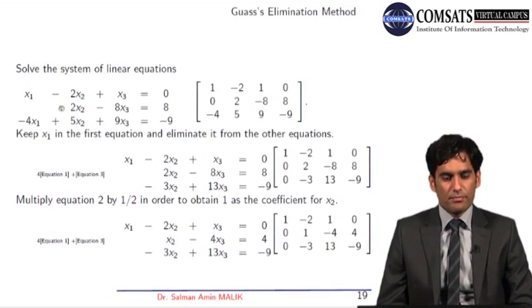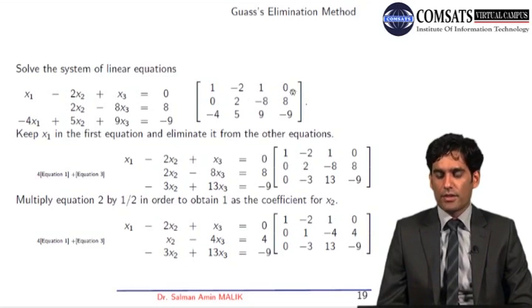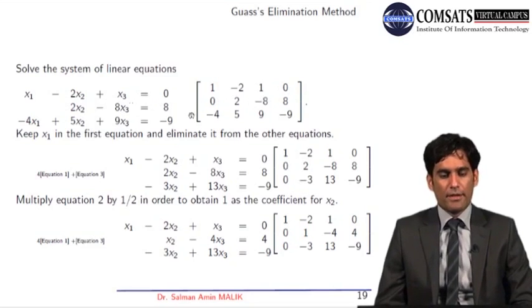So we have this system whose augmented matrix is given by this one. The augmented matrix has the first row 1, -2, 1, 0. 1, -2, 1 are the coefficients of the variables x1, x2 and x3, and 0 is the right hand side of the first equation, and so on and so forth.